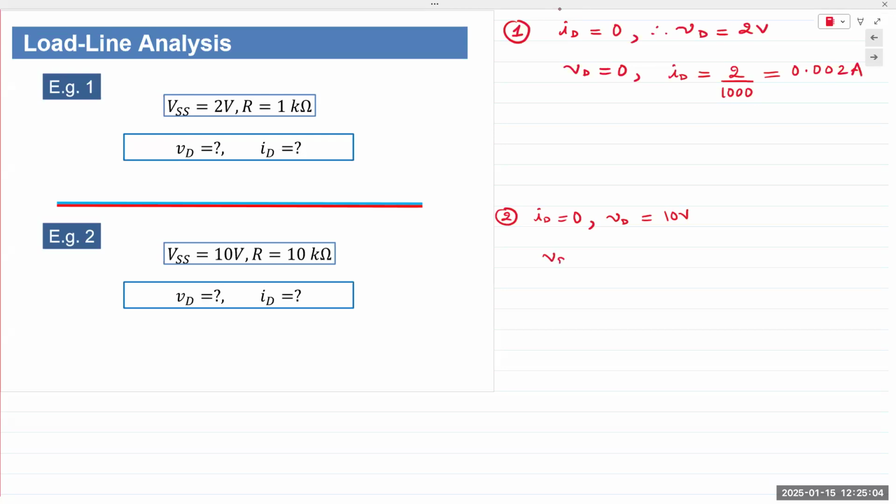And when VD is 0, what is the value for ID? One milliamp, or 0.001.